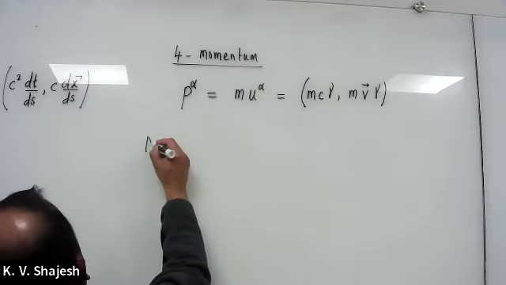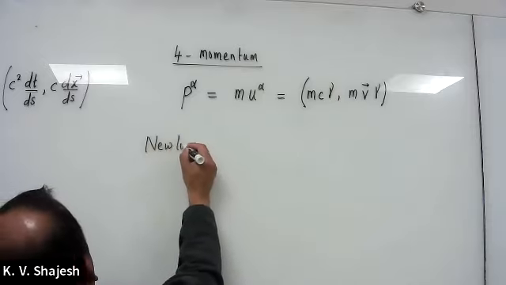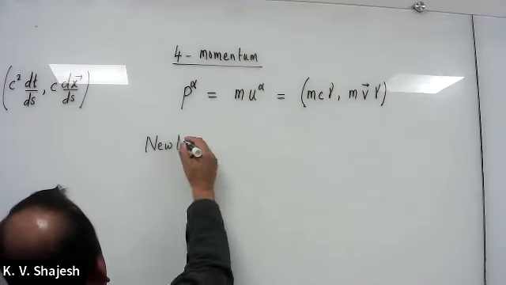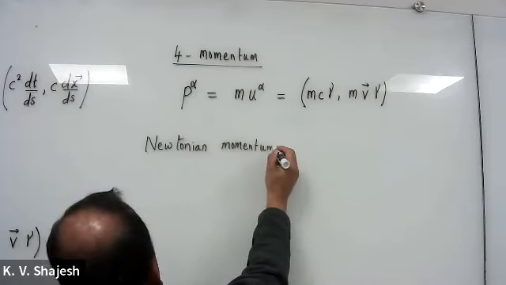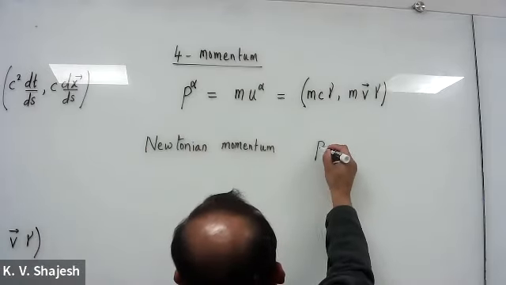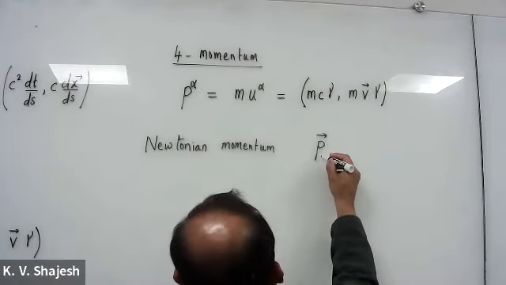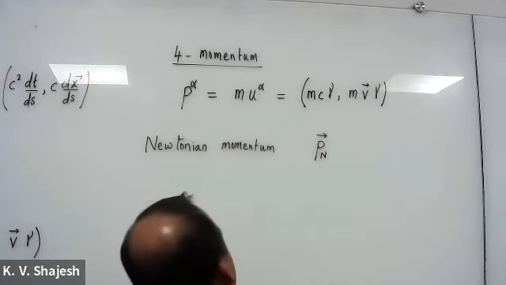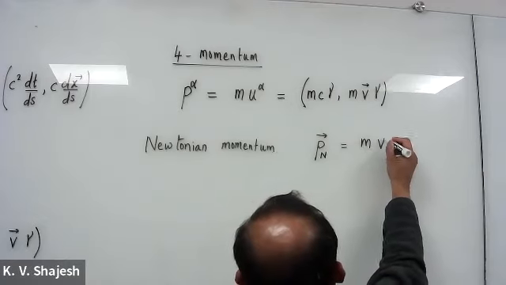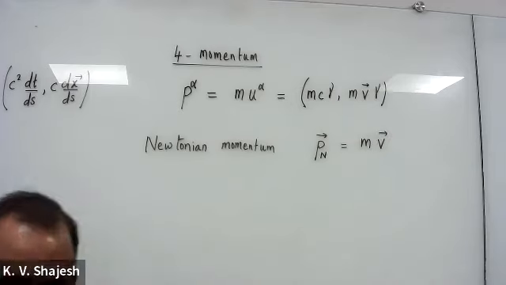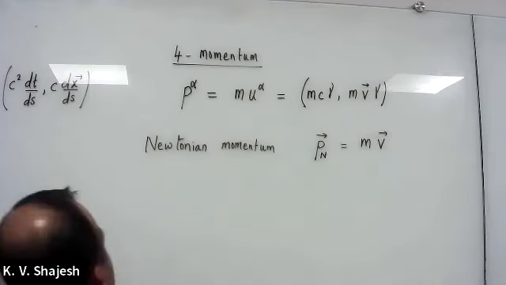Newtonian momentum, we will give up on this. Newtonian momentum, P_N, is equal to M times V. That's what we defined in Newtonian physics.